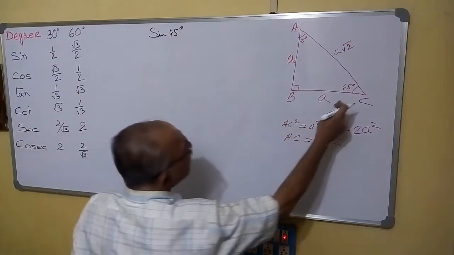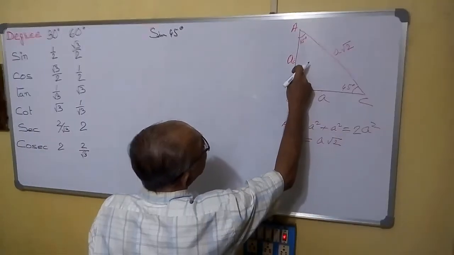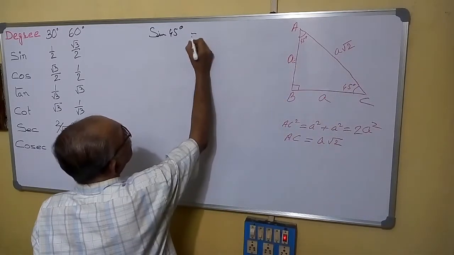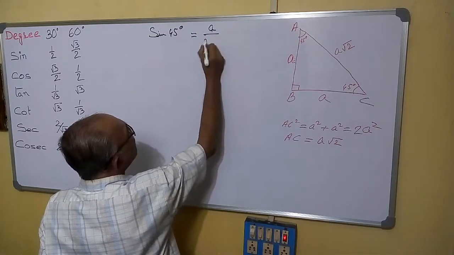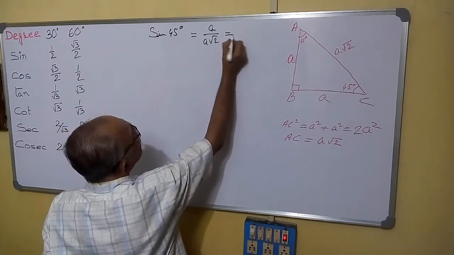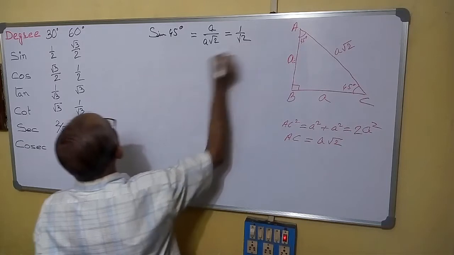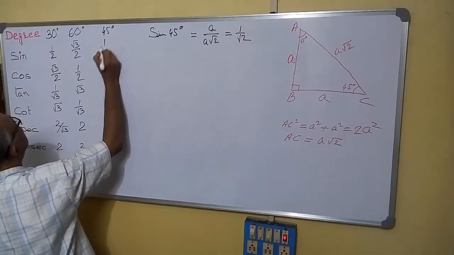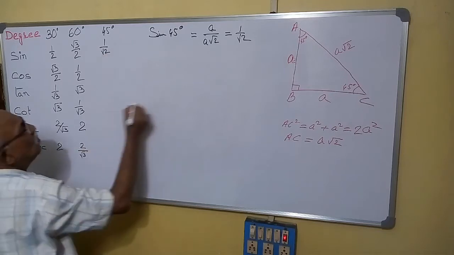Sine 45 is perpendicular by hypotenuse, A by A root 2, which equals 1 by root 2. So for 45 degree it is becoming 1 by root 2.